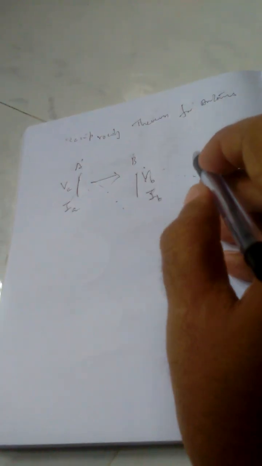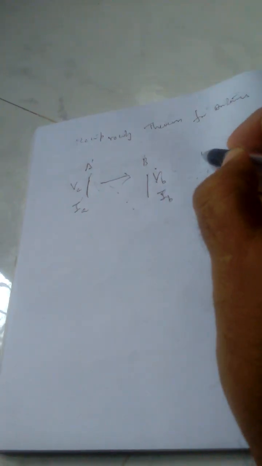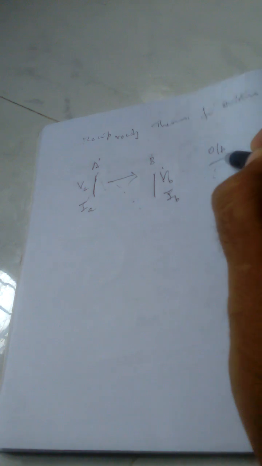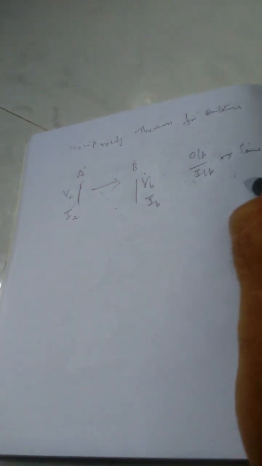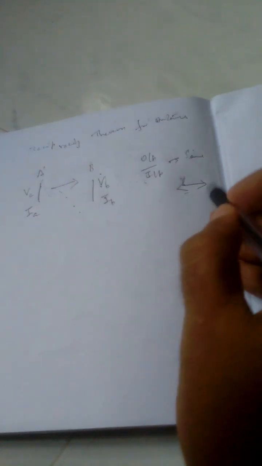Now, the reciprocity theorem for electrical signals normally states that the ratio of output to input remains the same even when you interchange the input and output.